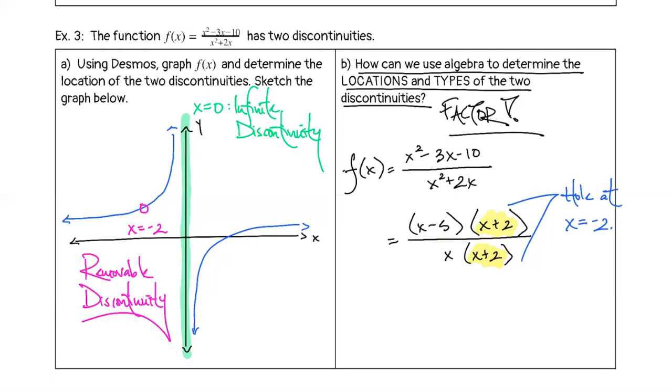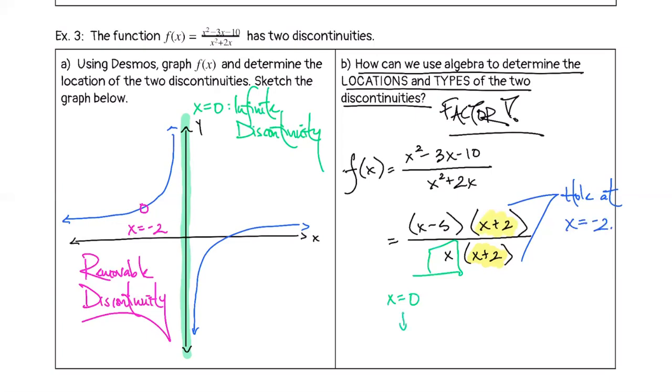And let's see how we would find out about that infinite discontinuity. Check out this factor. If we set x equal to 0, that is a factor that is only in the denominator.